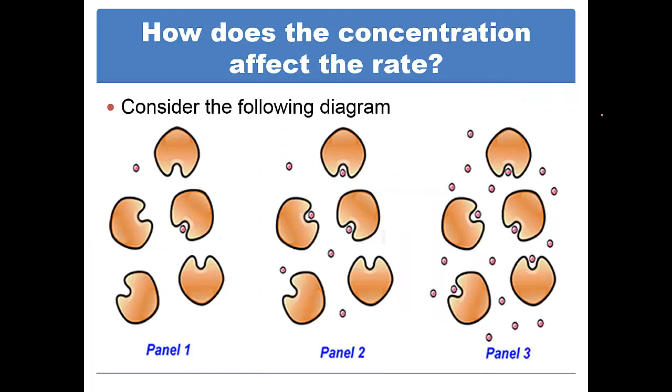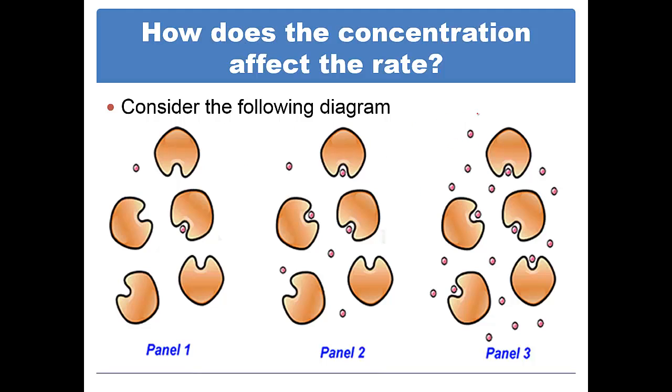So how about the concentration then? We have finished talking about the temperature and also the pH value. So let's move on to the concentration of substrate and the enzyme. You can take reference of this picture. From panel 1, 2, 3, you can see the difference.